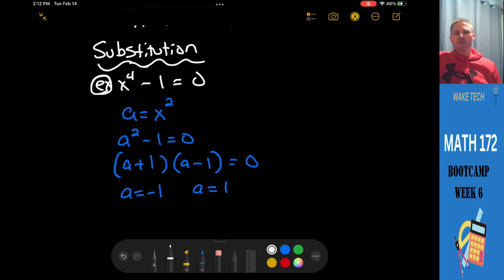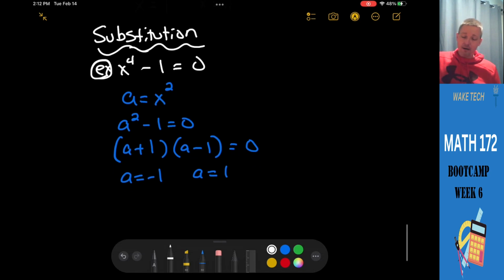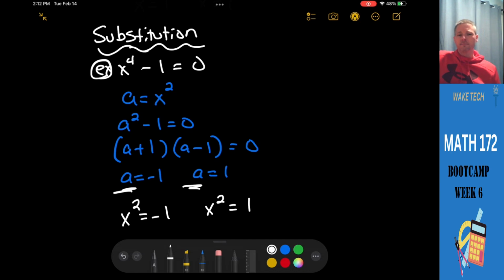And if you ever use substitution to solve these equations, make sure at some point you must undo your substitution. So we've solved for a, but really we need to solve for x. And so what we can do is undo that substitution by writing, instead of a, x squared equals -1 and x squared equals +1.